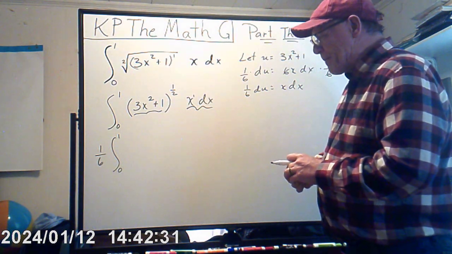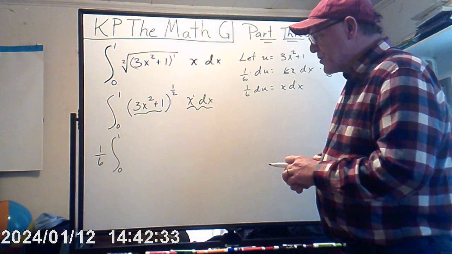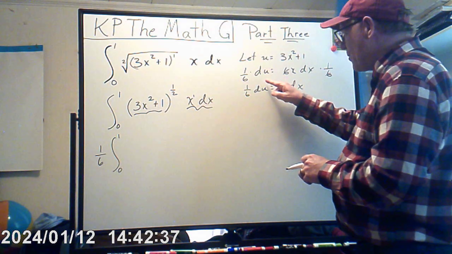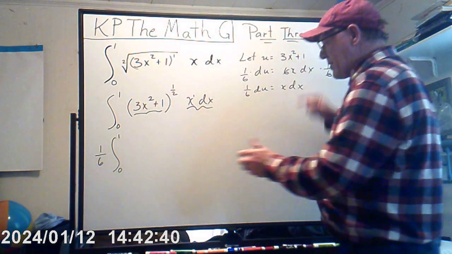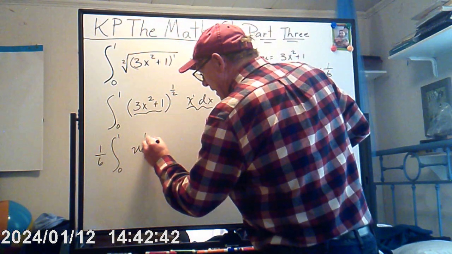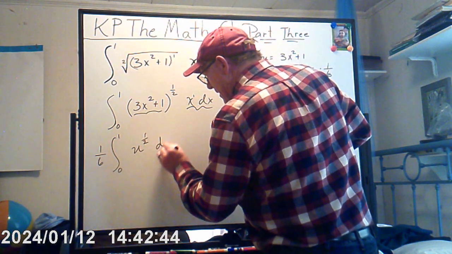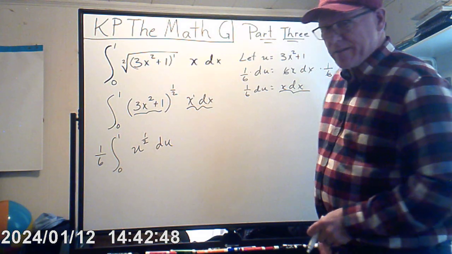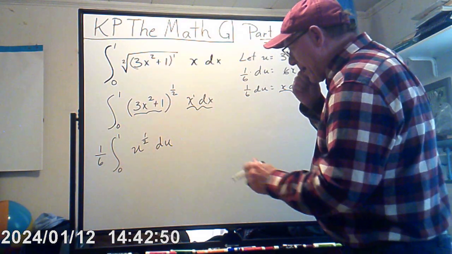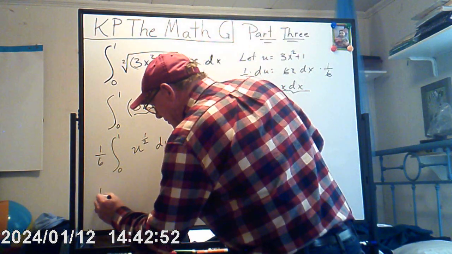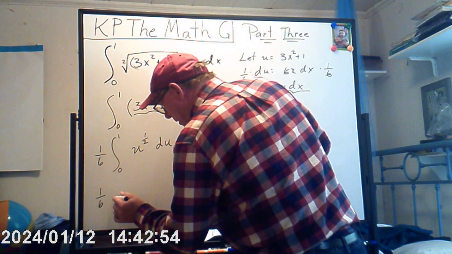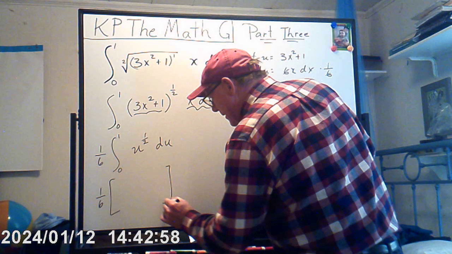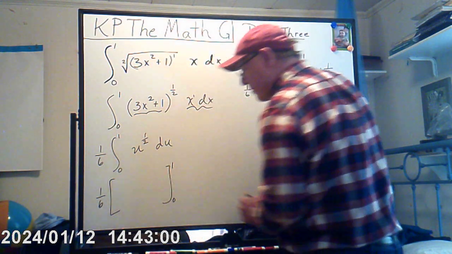Okay, so let's see what we get here. This is u. U is this to the 1/2 and du. Du is x dx. We got that. Now I know how to integrate this. This is 1/6. I'm not plugging it in here, but I'm still going from 0 to 1.